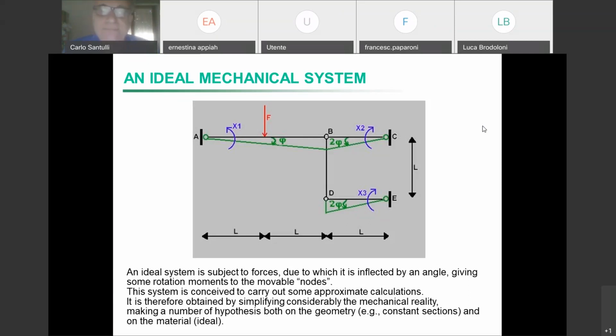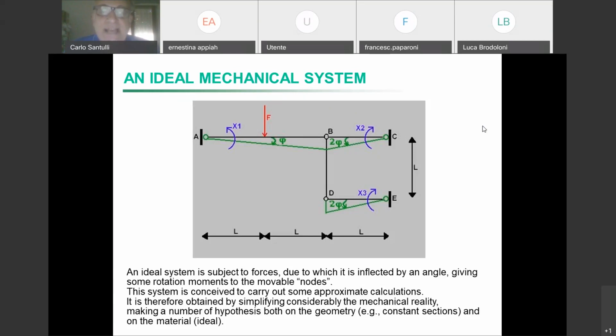So from your physical point of view, you may imagine a structure, as I am showing here, which indicates some very simple things.